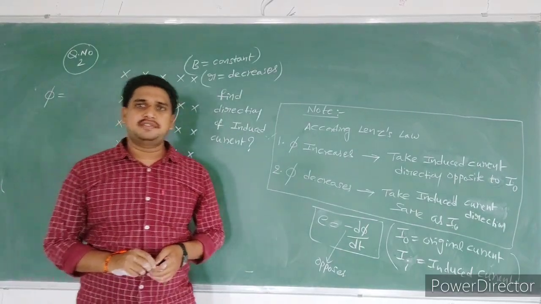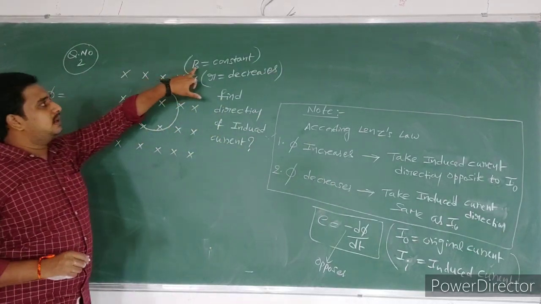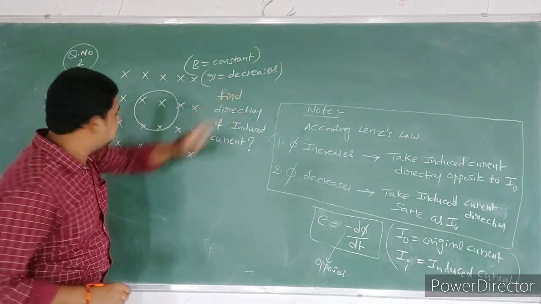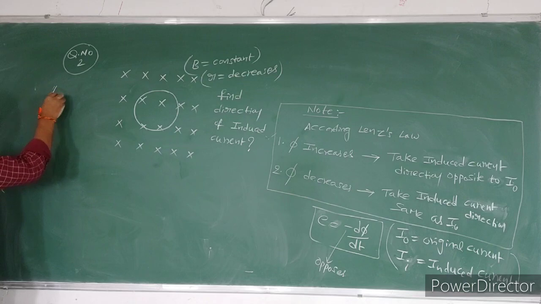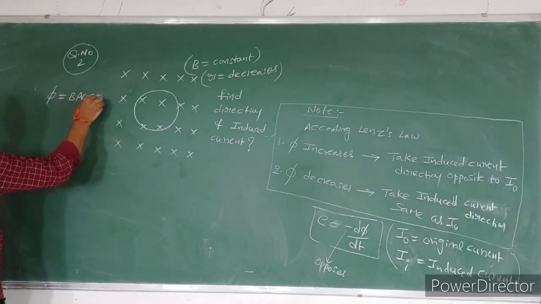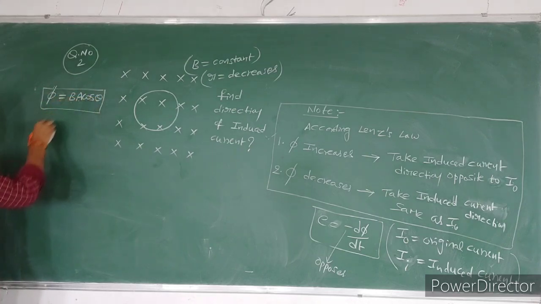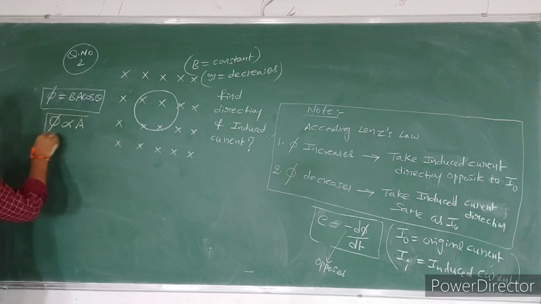Observe carefully here. The given magnetic field is constant. Radius decreases. So what is the formula of magnetic flux? Flux is equal to BA cos theta. B constant, theta constant. Here flux is directly proportional to area.